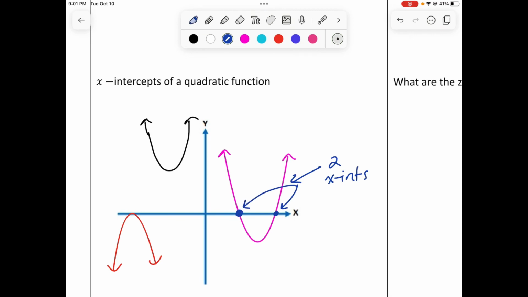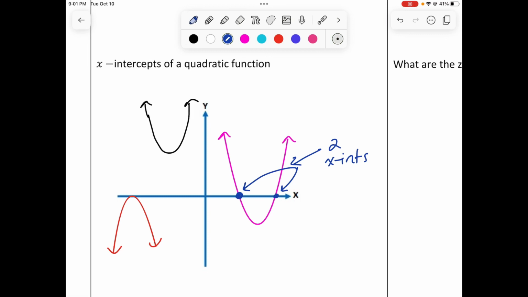The red curve has only one x-intercept because it only touches the x-axis once. And the black curve has no x-intercepts because it does not cross the x-axis. Once you're done copying this, we can continue on.